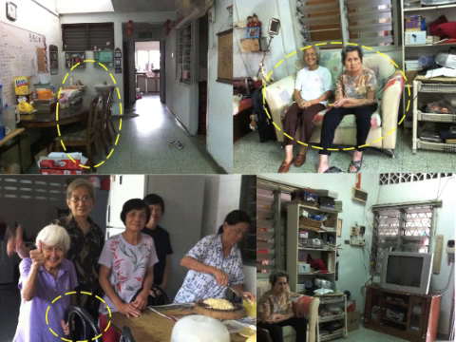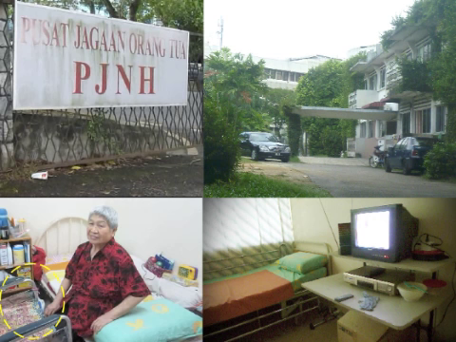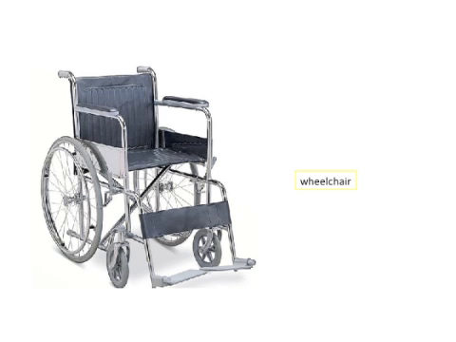These are the photos that have been captured at the social welfare home, and these are the types of chairs that they've been using. And these photos are from the nursing home, where currently they only use wheelchairs as the main chair.